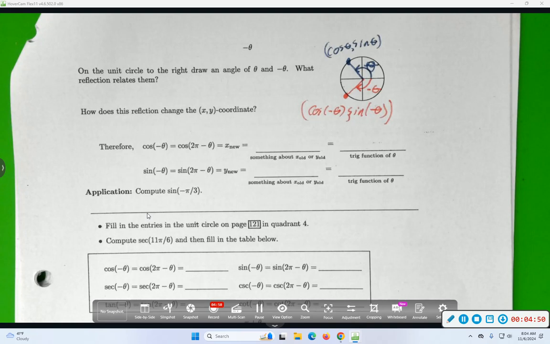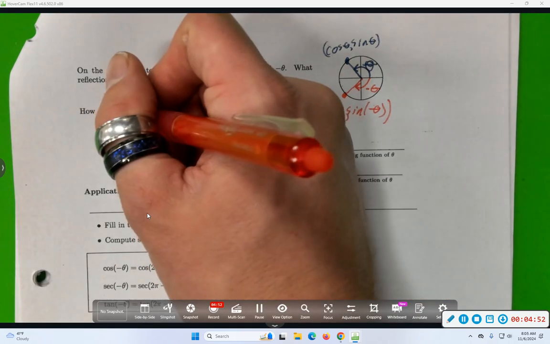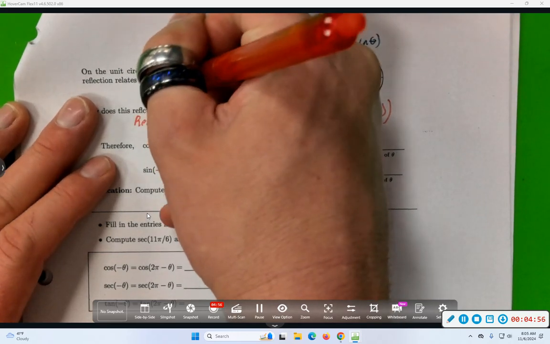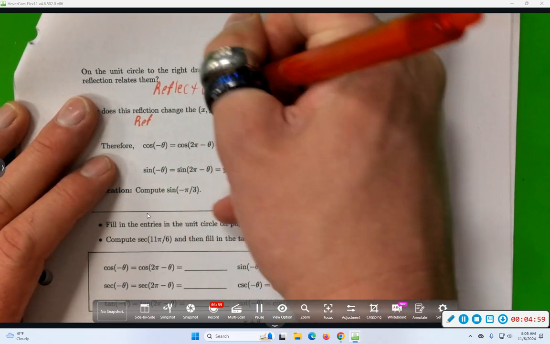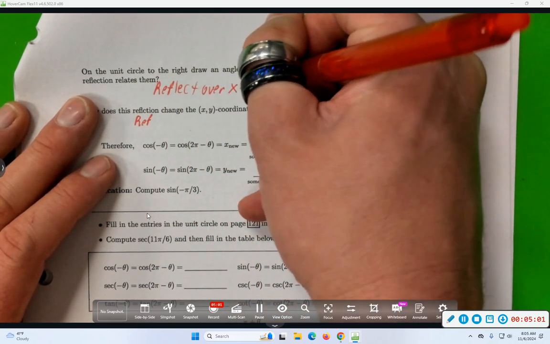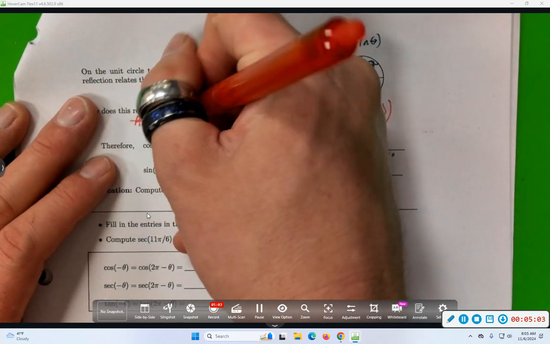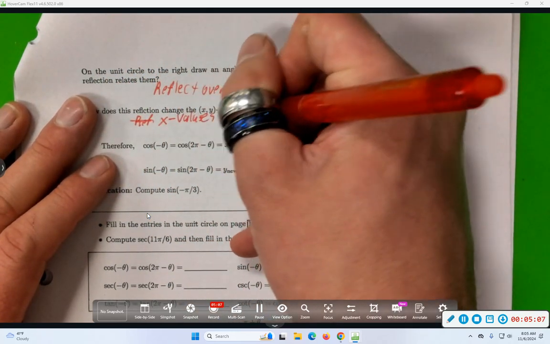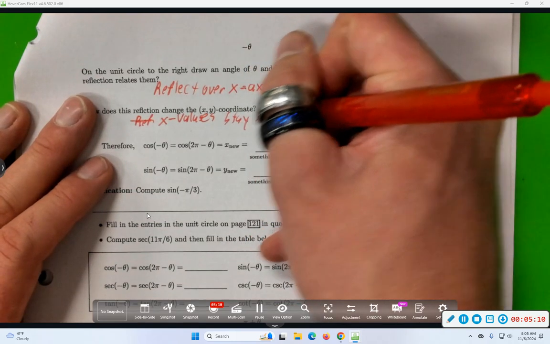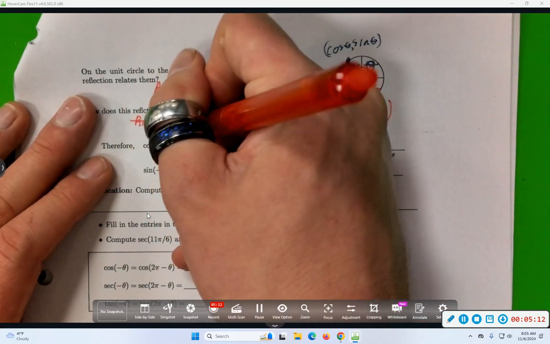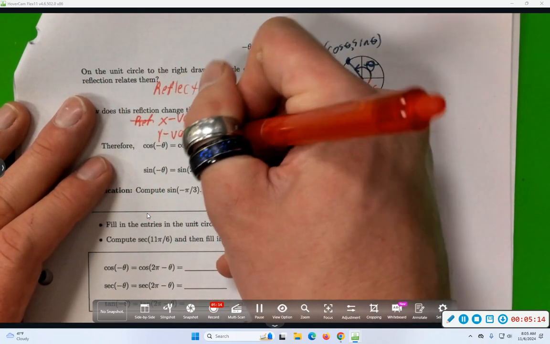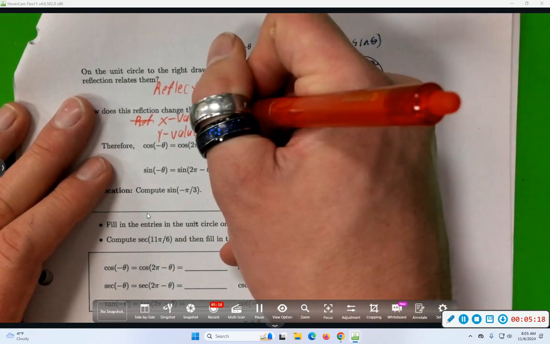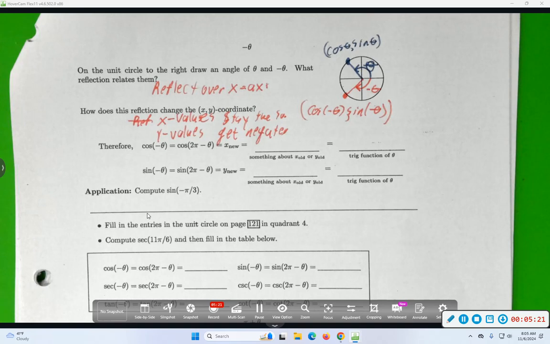Oh, cool. And if you like, that corresponds to a reflection over the x-axis. x values stay the same, y values get negated. As in an extra negative sign appears in front of them.